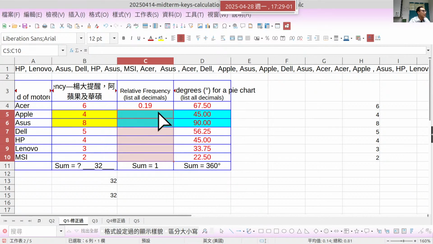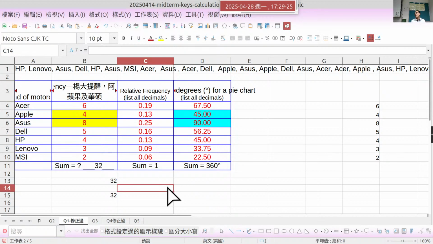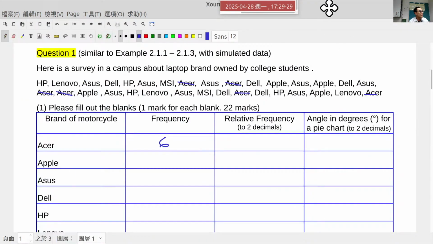We got 0.19. And when we select this one, move to the down right corner, then the mouse becomes a cross. Click and hold the key, drag it, and release. Okay, and we got the answer.